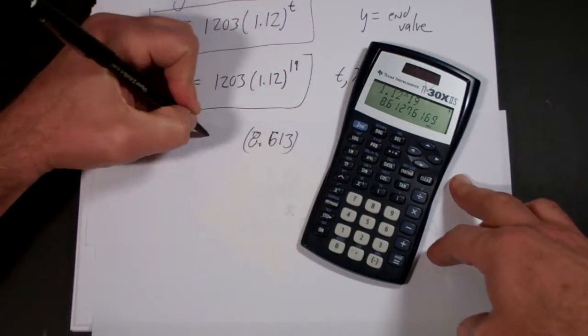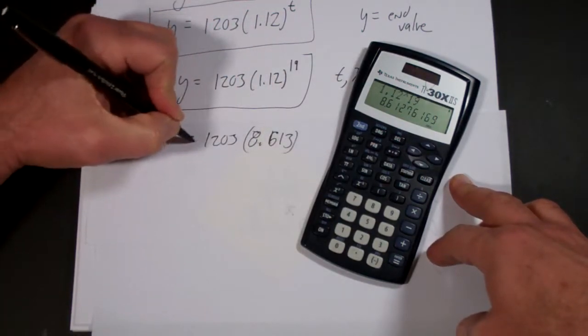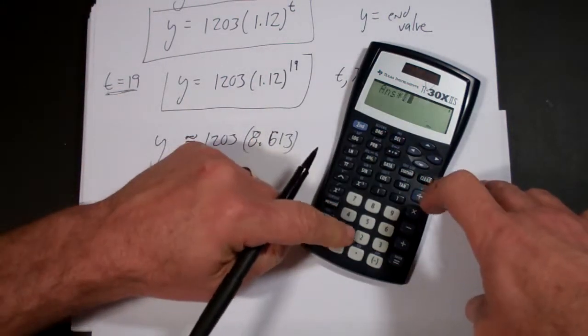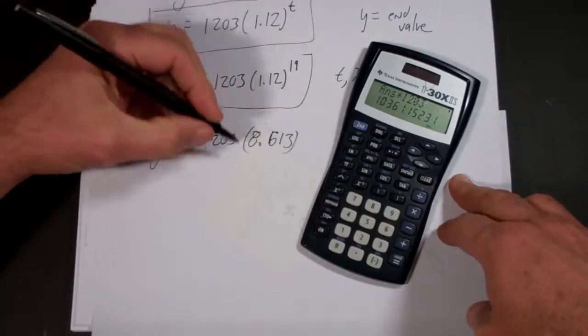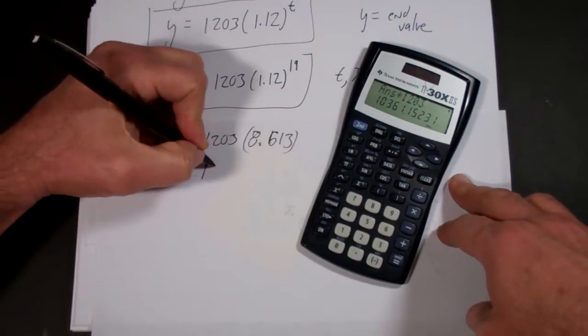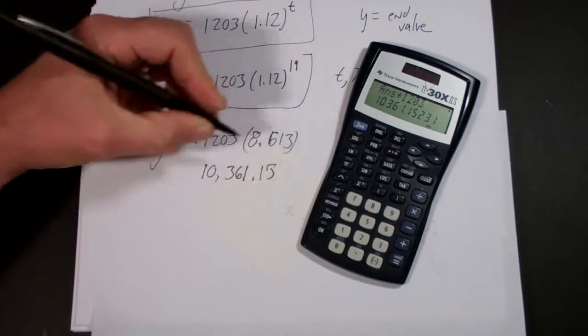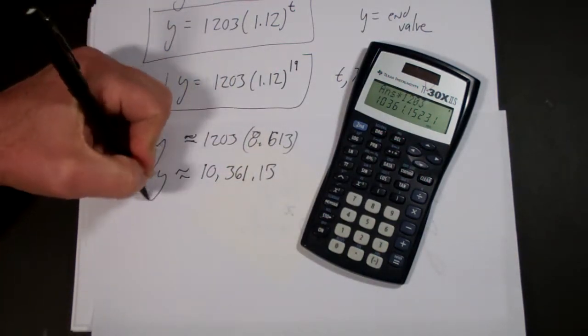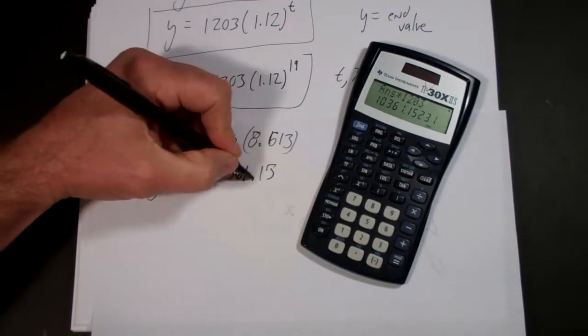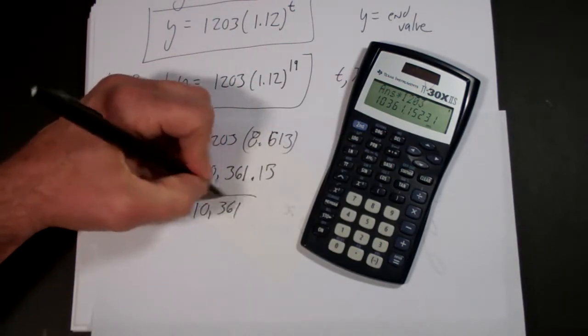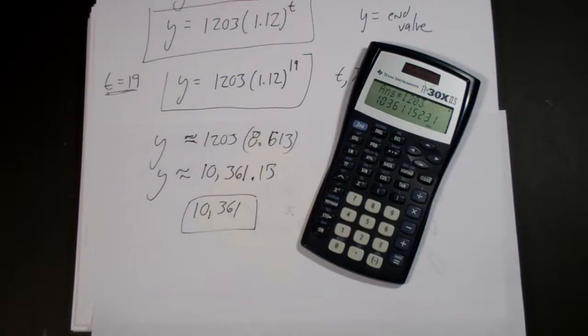I'm not going to round it, I'm just going to leave it in my calculator. And I'm going to multiply that times 1203, and you get 10,361.15. Really, deer can't be decimalized, so your answer is going to be 10,361 deer, which is a lot of deer.